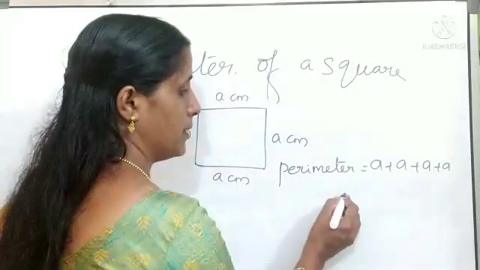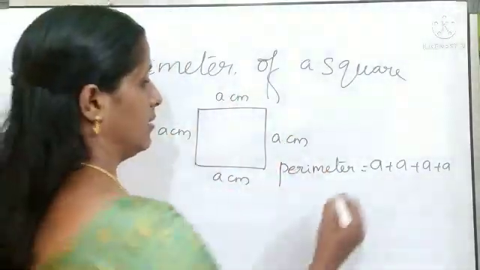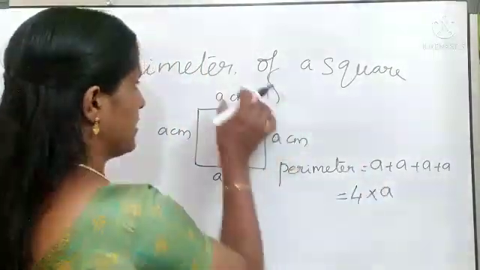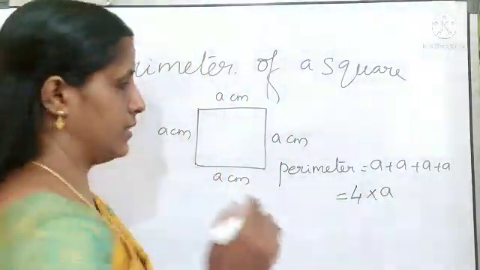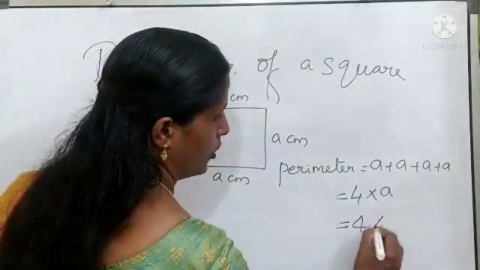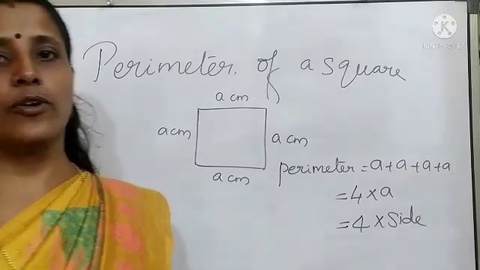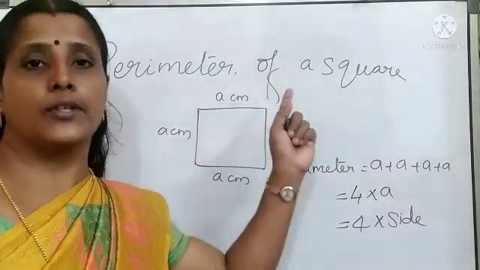A is repeated how many times? 4 times. So 4 into A. A means the measure of one side, that is, 4 into side. That is the formula to find the perimeter of a square.